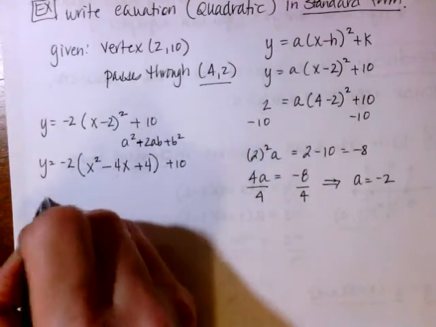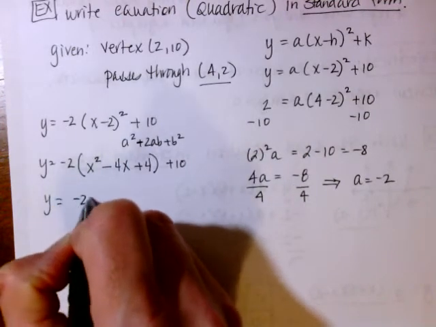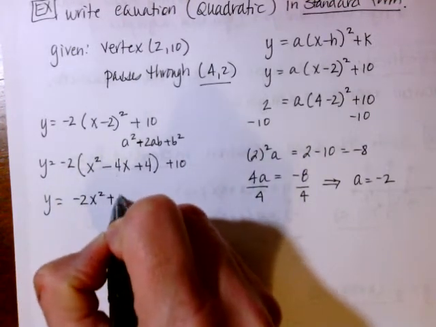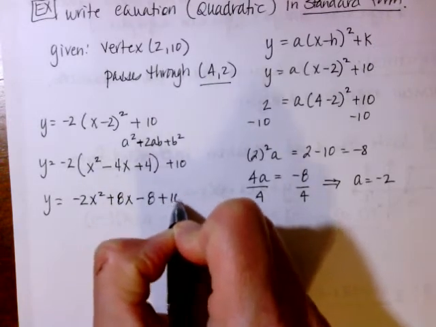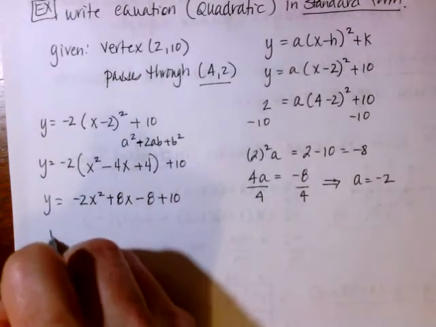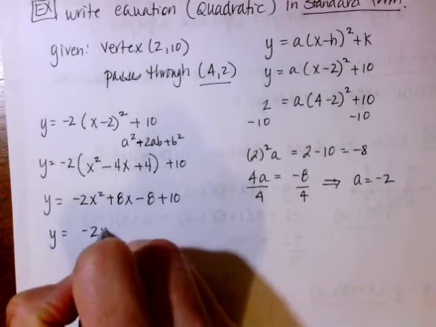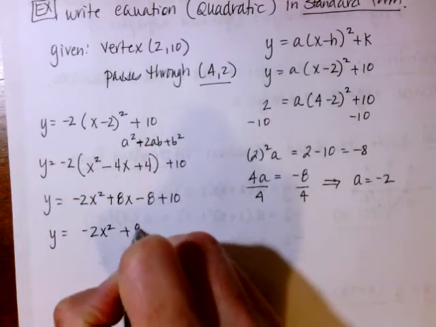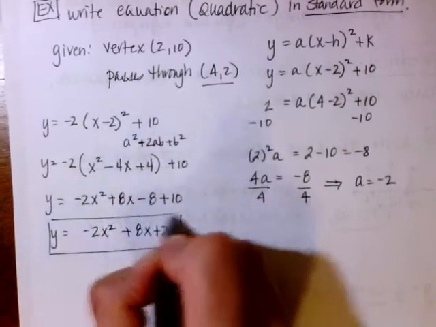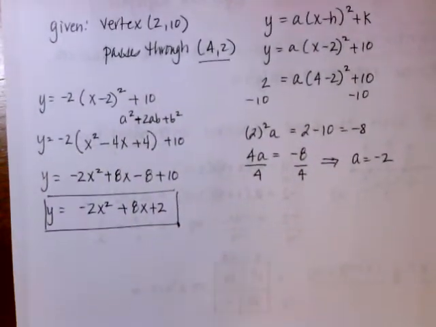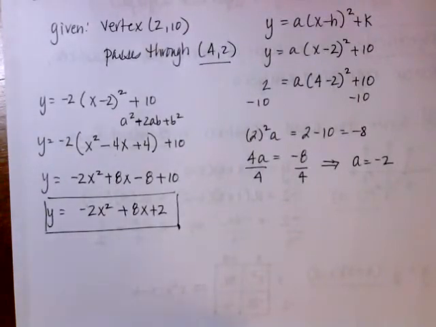Now I need to distribute that negative 2, and I get a negative 2x squared plus 8x minus 8 plus 10. And again, I need to combine like terms, and I have a negative 2x squared plus 8x plus 2, and that one's done.